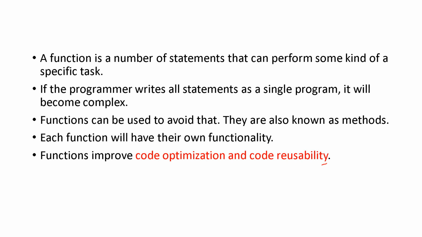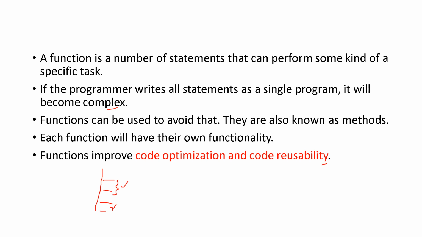Suppose you are writing a program, and a set of code keeps repeating many times. What you will do is write it over here, and again if it comes here, you write it again. See, it is repeating, right? And the programming becomes more and more complex.